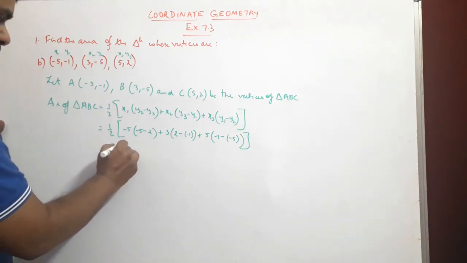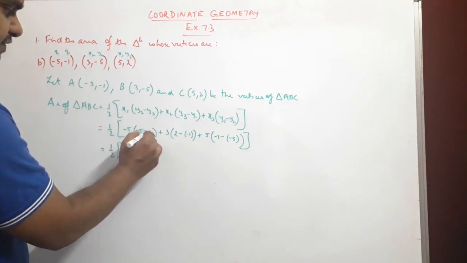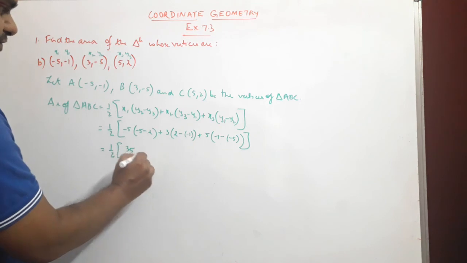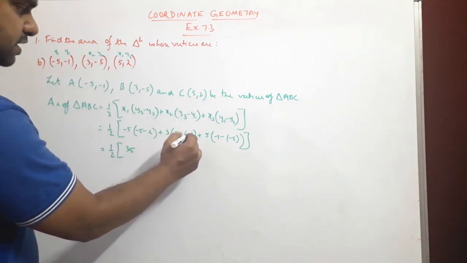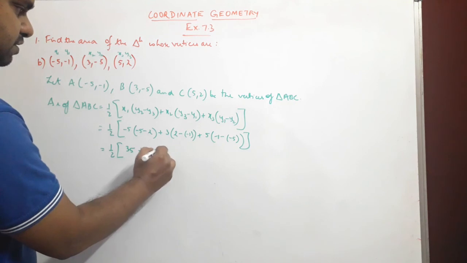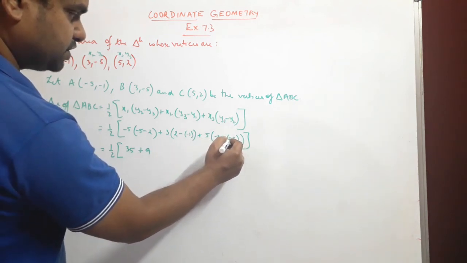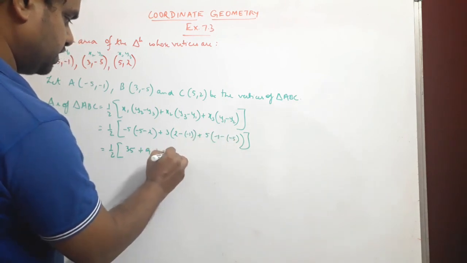Now we'll work this out. Minus 5 and minus 2 gives us minus 7, minus 7 into minus 5 gives us positive 35, then minus into minus 1 gives us positive 1, so 2 plus 1 is 3, 3 into 3 is positive 9, then minus into minus 5 gives us positive 5, positive 5 minus 1 gives us positive 4, 4 into 5 is 20.